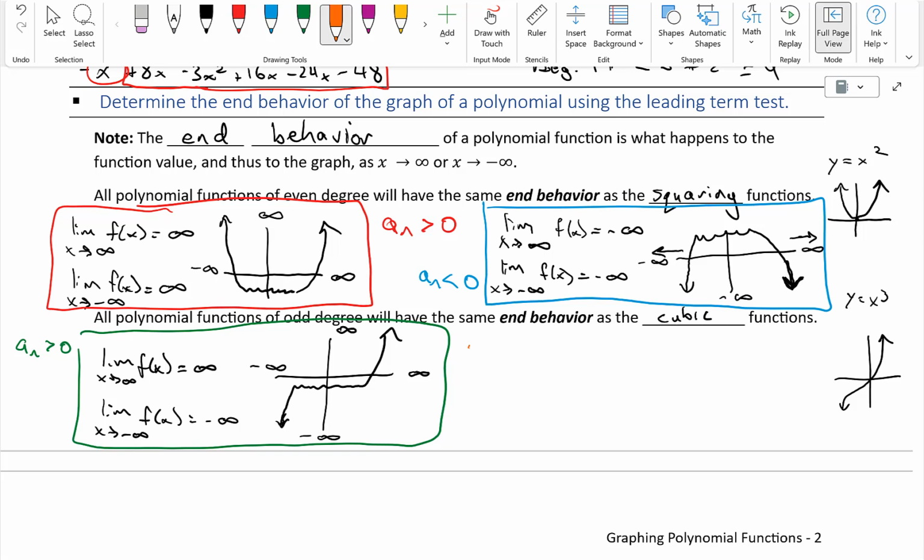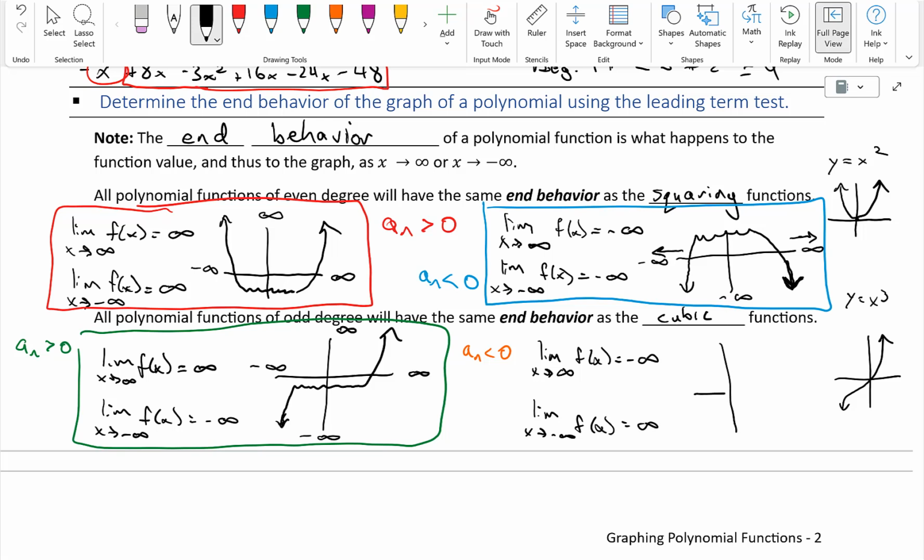Last one here, we can do if a sub n is less than 0. So we're going to see that same reflection over the x-axis we saw with x cubed. And now our limit as x approaches infinity for our function f of x would go down to negative infinity. And our limit as x approaches negative infinity for f of x would be up to positive infinity.